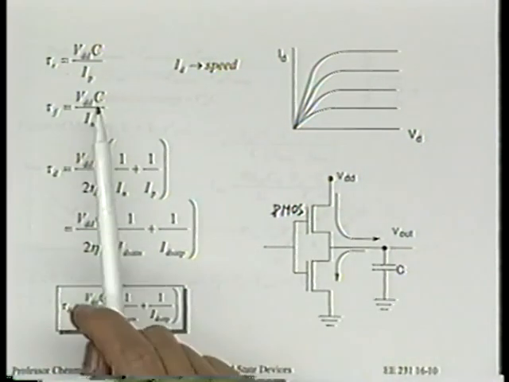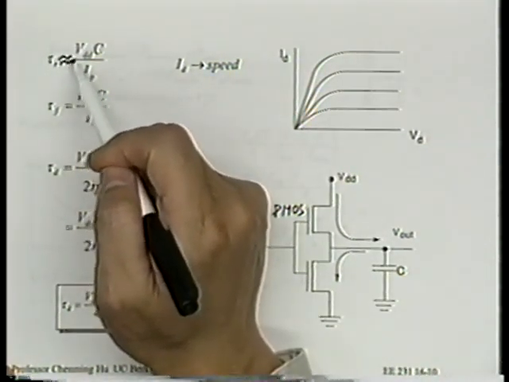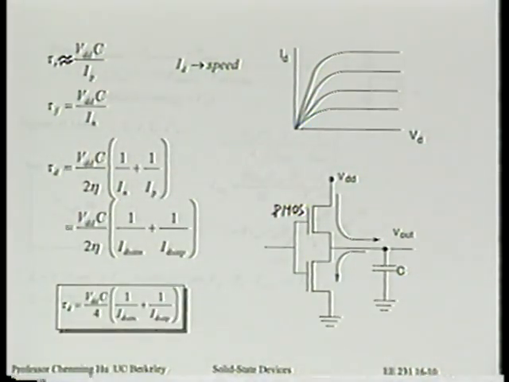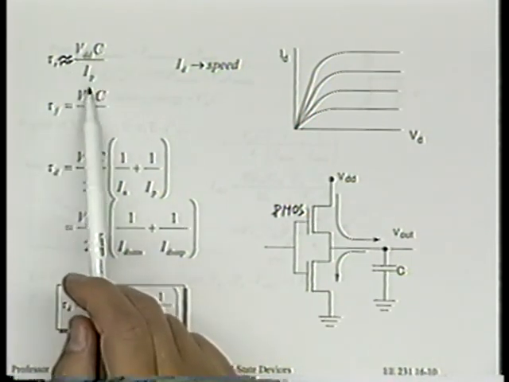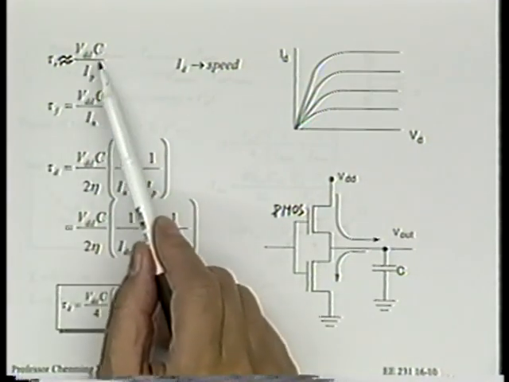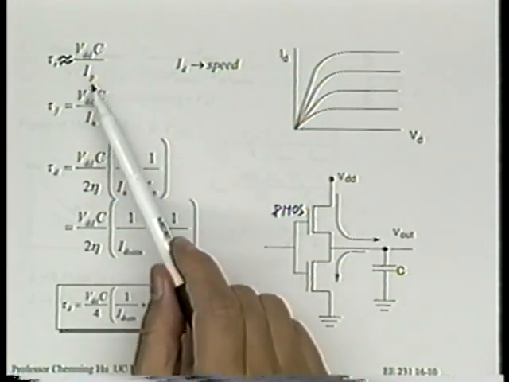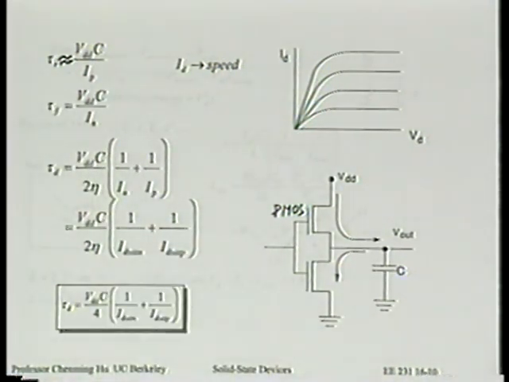Well, roughly speaking, don't worry about the detail for now, the time is approximately equal to VDD times C divided by IP. What's that? VDD times C is the charge we have to put on this capacitor, right? Charge divided by current is time, right? And the charging current is the PMOS transistor current. We'll call it IP. You see that? So approximately, generally speaking.